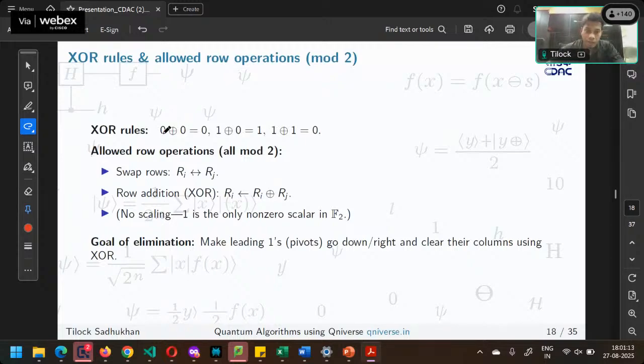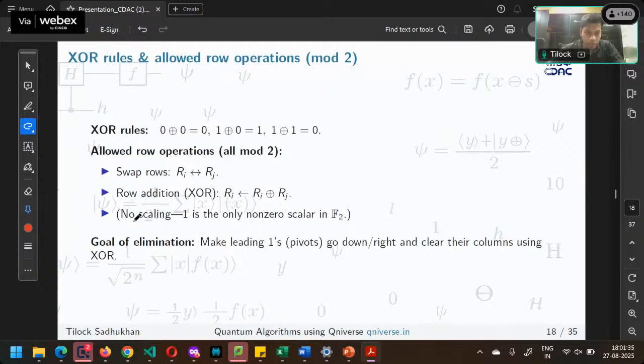The rules are: 0 XOR 0 is 0, 1 XOR 0 is 1, 1 XOR 1 is 0, and similarly 0 XOR 1 is also 1. So when the two inputs are different, we get 1. In the rest of the cases, we get 0.